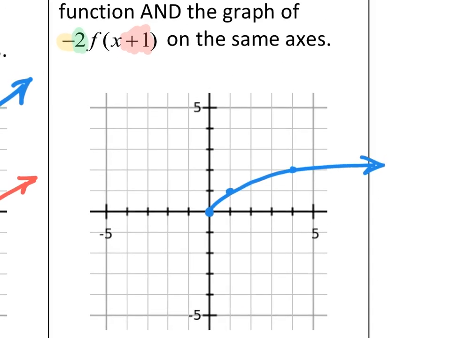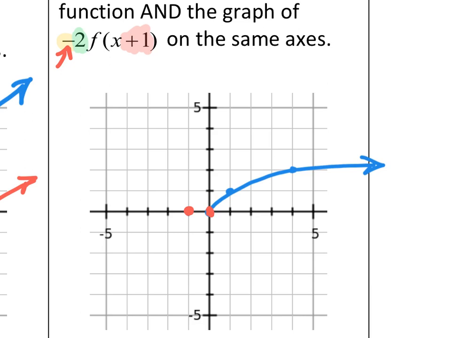So I'm going to take that. I'm always going to start with some kind of a midpoint or the point on the origin or something that is an obvious part of the graph, and I'm going to do my shifts with that point, so it shifts left 1. So my transformed graph is going to shift left 1, and it's going to open down because of the flip.